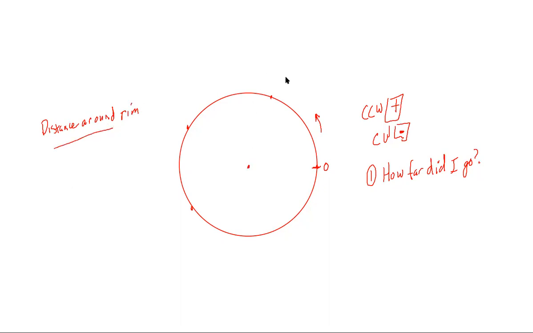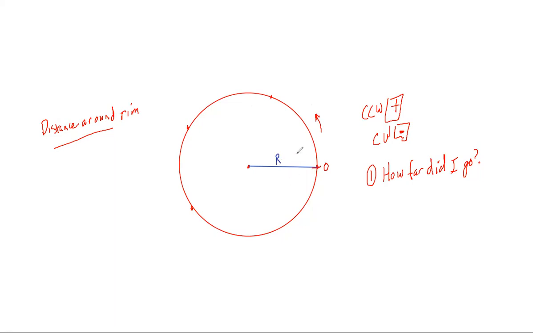Well, the first thing to note is that we have our very trusty and familiar friend, the radius. Okay, so we have the radius there, and what we have is a counterclockwise rotation, and I want to be able to figure out how far I went around the circle based on the radius of this circle.